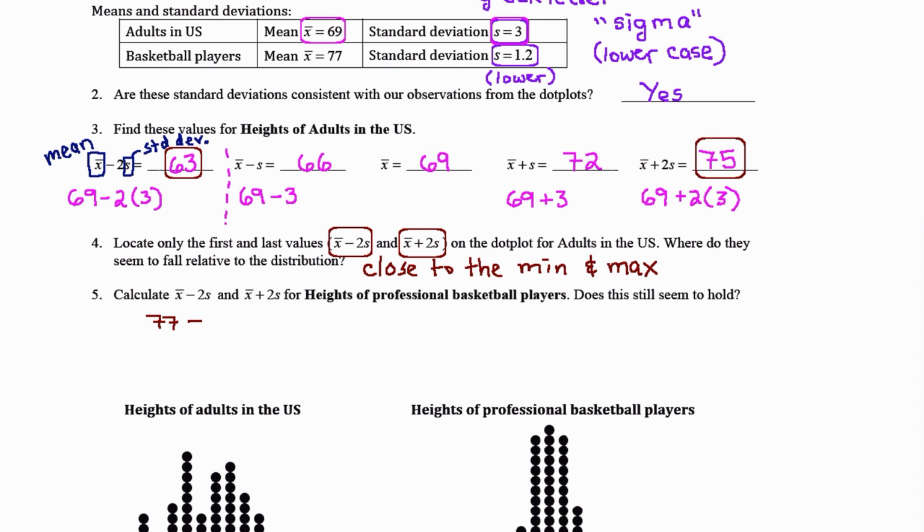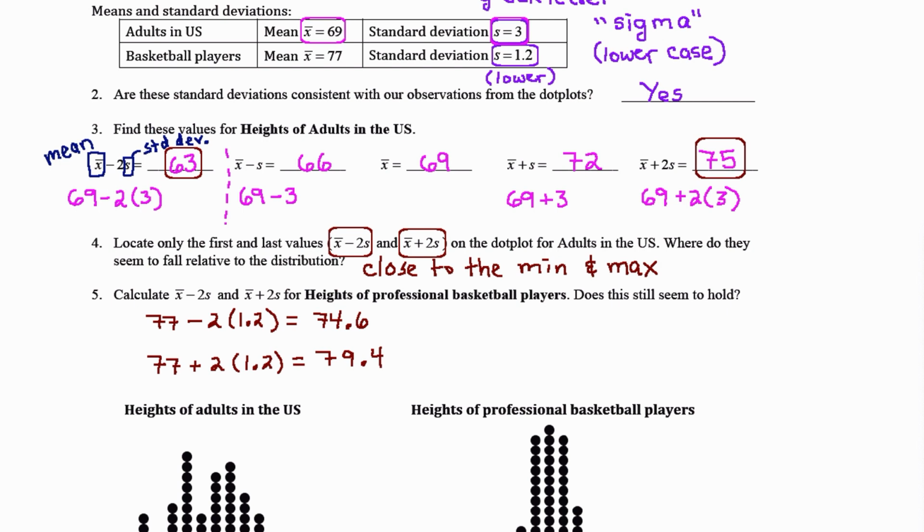So we're going to do 77 minus 2 times 1.2, and we're going to do 77 plus 2 times 1.2. Since 2 times 1.2 is 2.4, I'm subtracting 2.4 from 77 to get the lower bound, 74.6, and I add 2.4 to 77 to get 79.4.